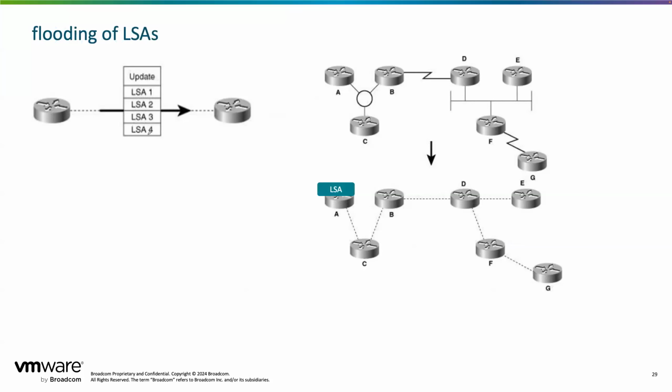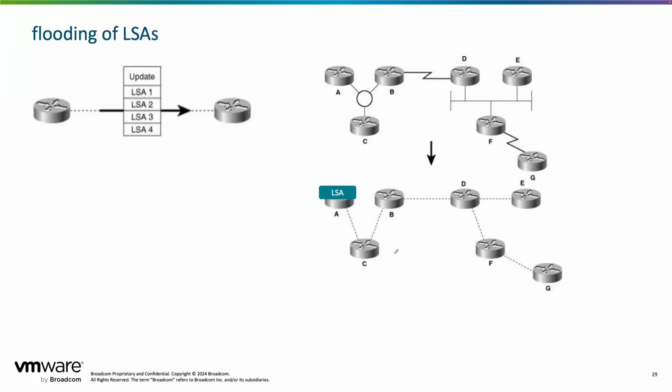In OSPF, we call this LSA, link state advertisement. The flooding of the LSA means that the LSA propagates through the entire network, through the entire OSPF domain, and makes it identical, so that every router reaches the identical state. This is the flooding of LSA.